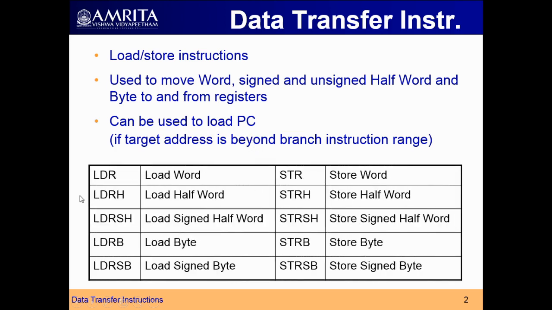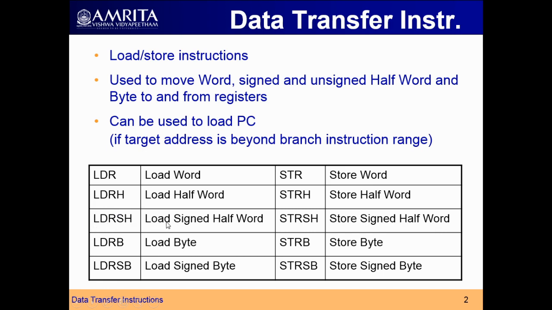So these are the different types of load and store instructions available. LDR means load, STR means store. So LDR stands for load word, STR stands for store word. LDRH stands for load half word, STRH means store half word.